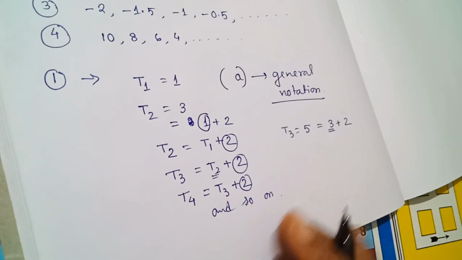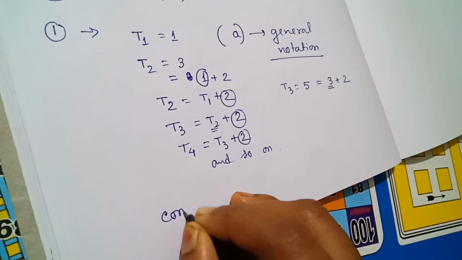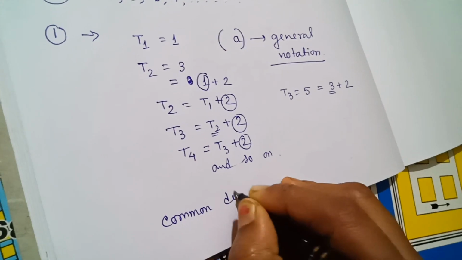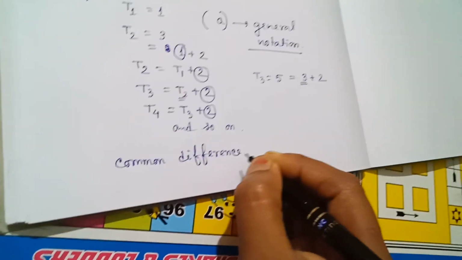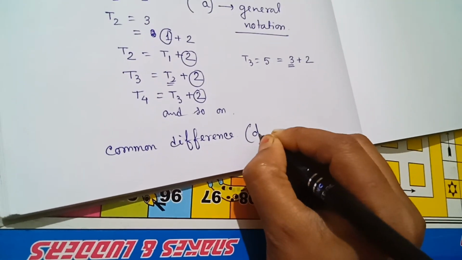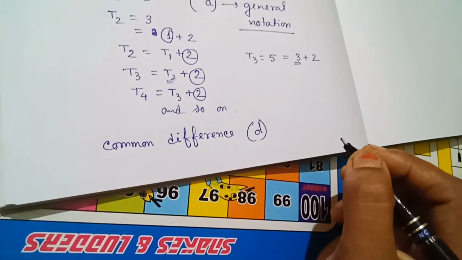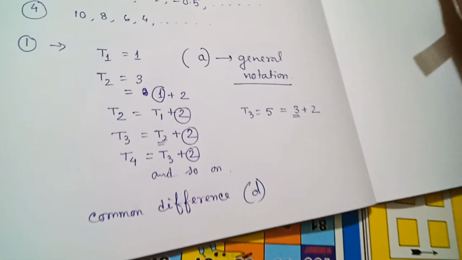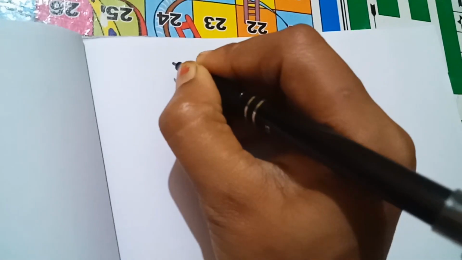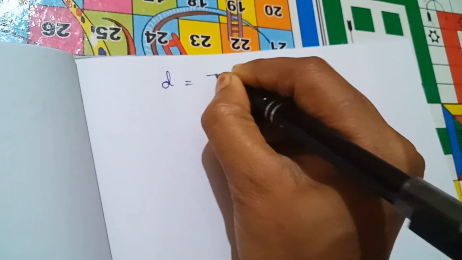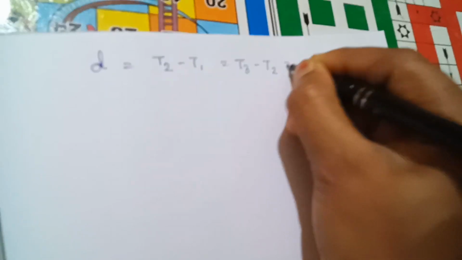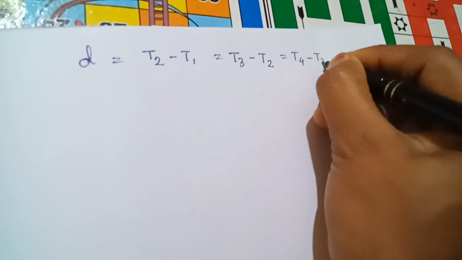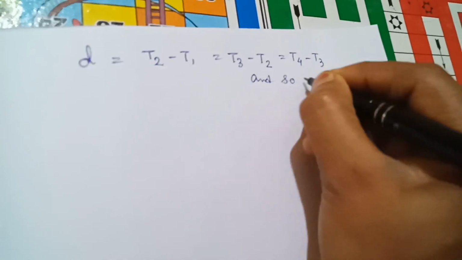So this 2 is called the common difference, and its general notation is small d. Okay. Now, how can we define it? Small d is equal to T2 minus T1, equals T3 minus T2, equals T4 minus T3, and so on.